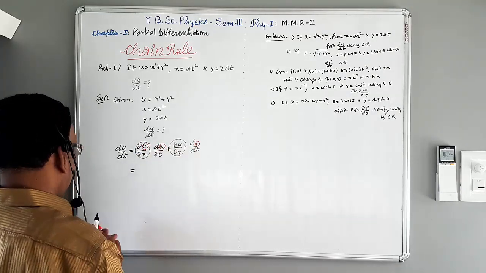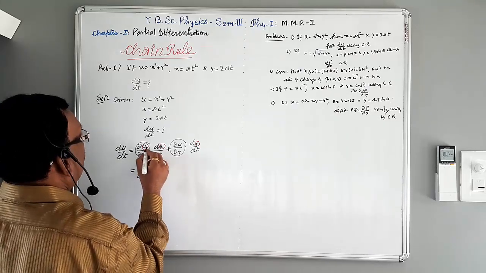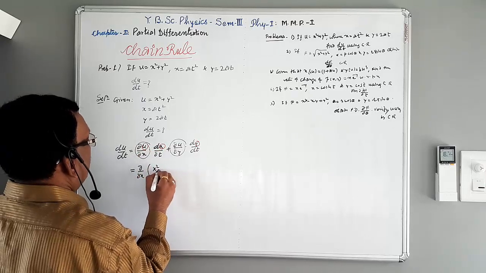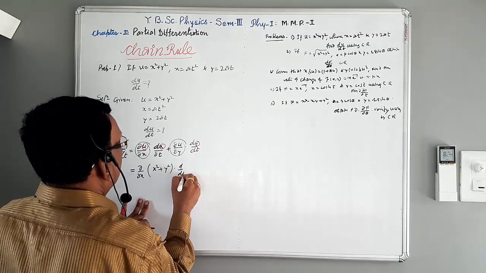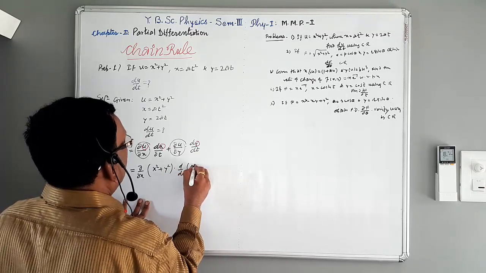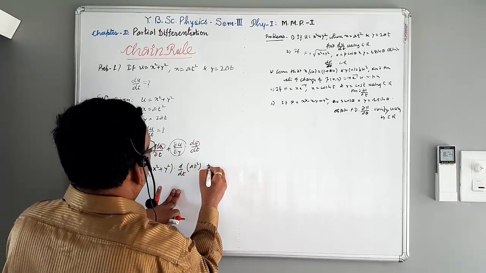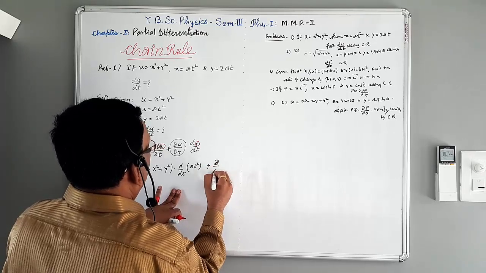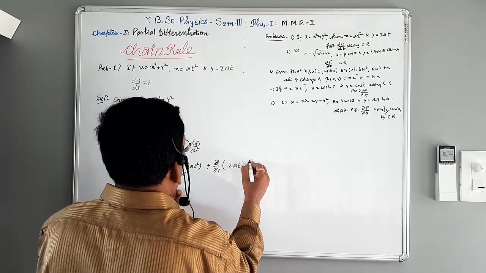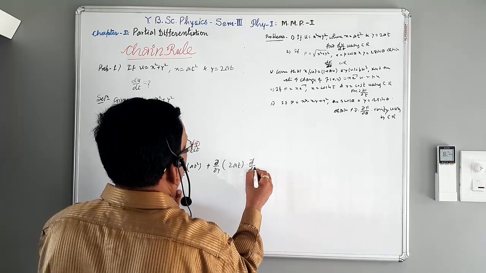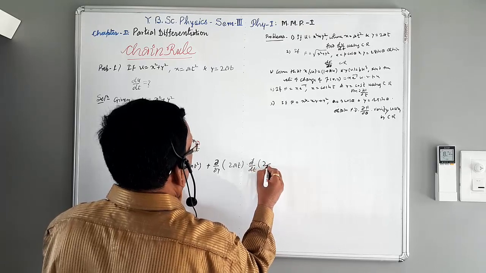After substituting the value, we get del by del x in bracket, value of u is x square plus y square, into d by dt, value of x is at square, plus del by del y, value of y is twice at, into d by dt, in bracket y is twice at.